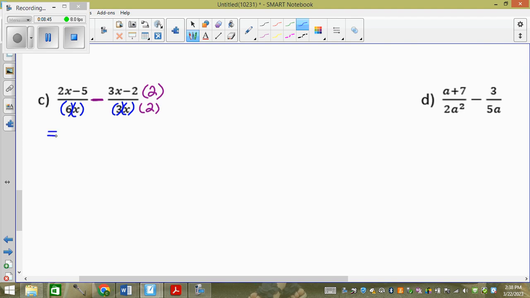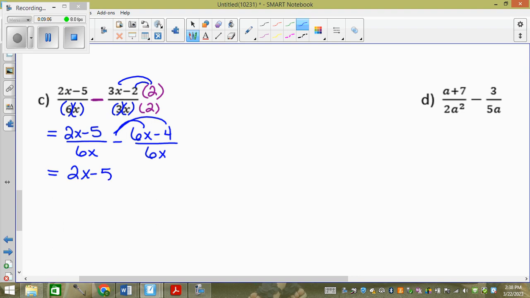So we're going to get 2x minus 5 over 6x minus 6x minus 4 over 6x. Remember, this minus sign goes to both. If you're someone who didn't do that, leave yourself a little side note, because you're going to continually not do it, and then you're going to get it wrong because it's a common error. 2x minus 5 minus 6x plus 4 all over 6x.